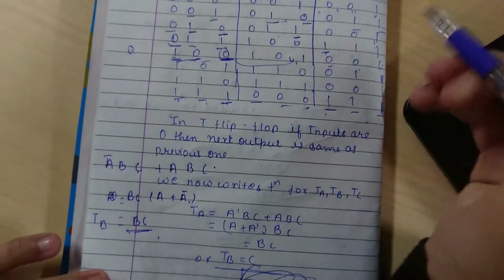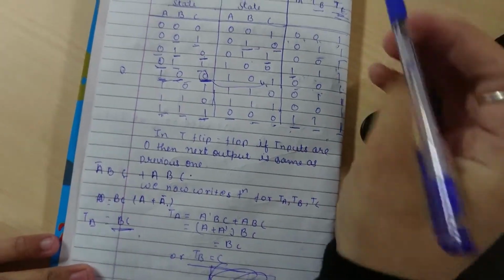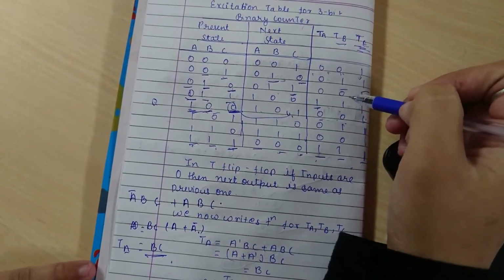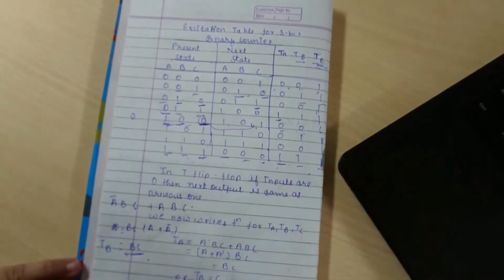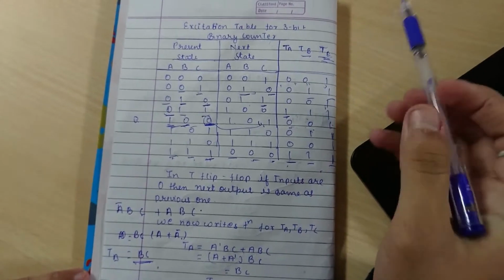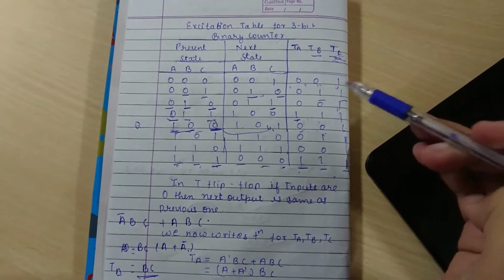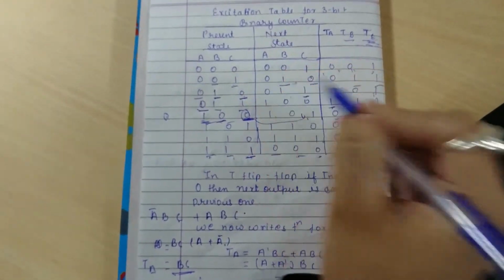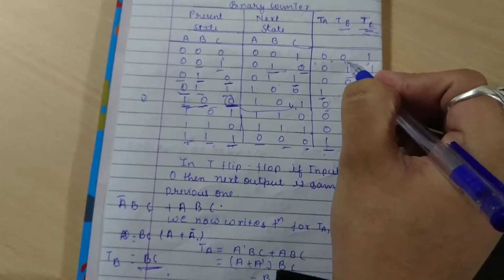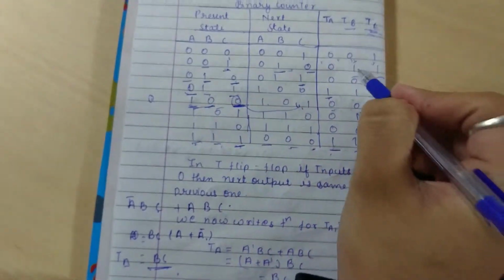Okay, now let's come to the function of TB. For TB we need to see when TB is going 1, so you can either design using a K-map, or you can just observe that when the value of C is 0, the value of TB is 0. When the value of C is 1, the value of TB is 1.